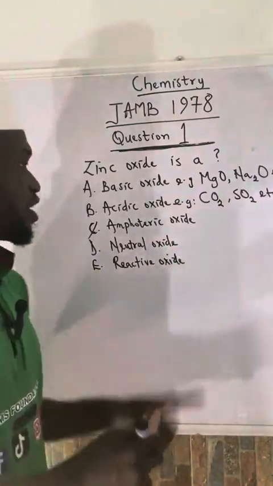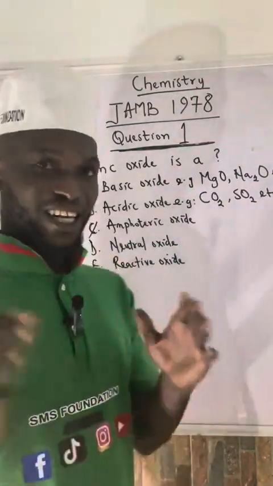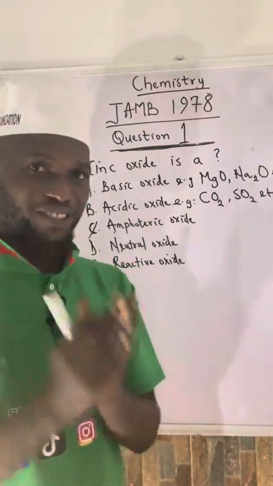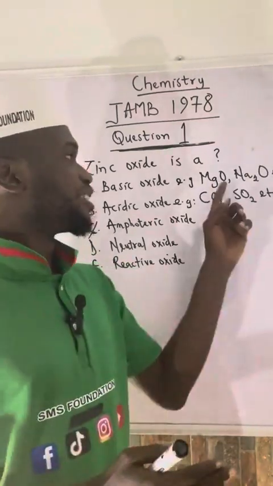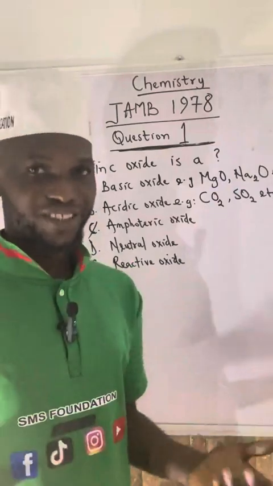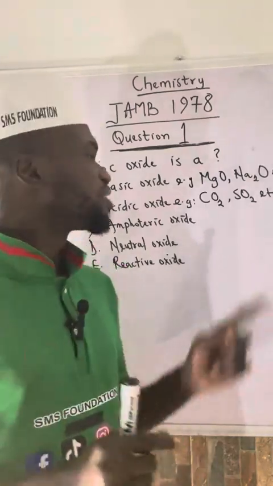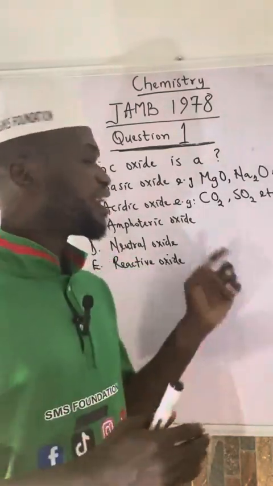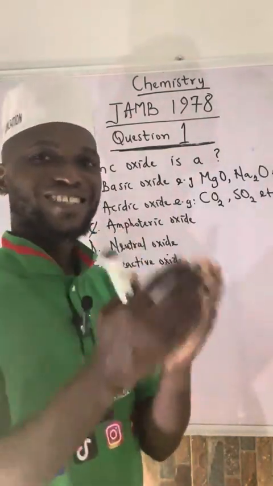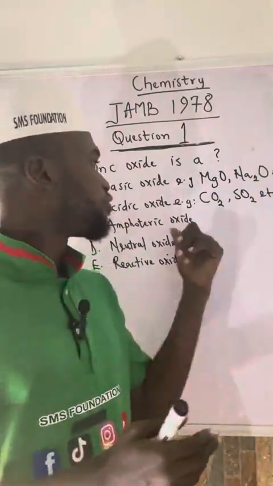Now, what do we mean by amphoteric oxide? An amphoteric oxide is a type of oxide that behaves like both acid and base. Most times, the transition metals are the ones that form this.